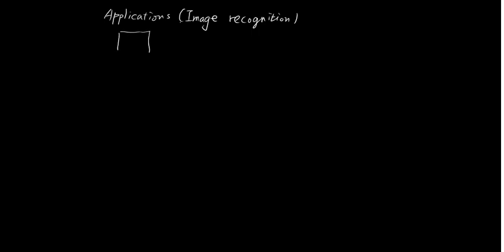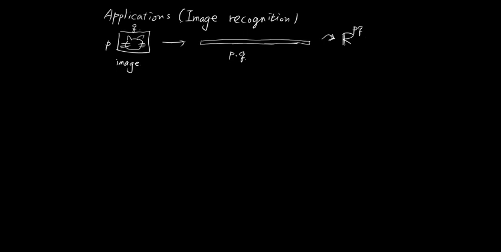So the thing is, every photo or image, say I have a photo of a cat, you can represent it this way. If this photo is P by Q, then you can make it into a very long vector of length P times Q. So you can put it in a higher dimensional space, R^(PQ). Each pixel is just a number, 0 to 255.